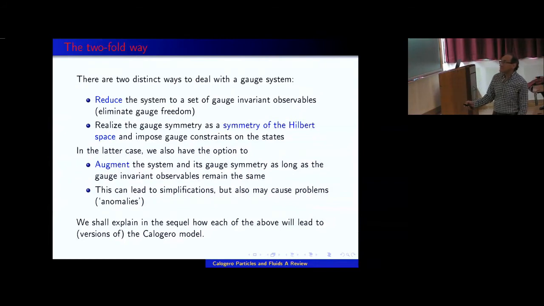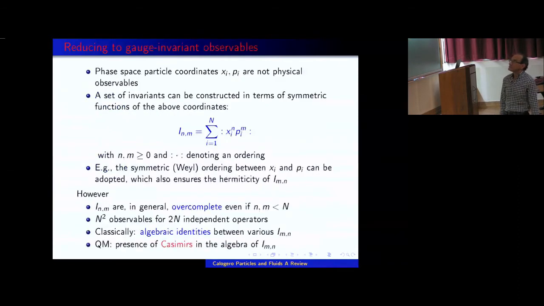This is dangerous because when you put more symmetry into the system, more gauge symmetry, you may run into anomalies, but we will see how this will manifest in the Calogero model. So I will explain how you can do these two things in the context of the Calogero model. First, reducing to gauge-invariant observables. What are the gauge-invariant observables of identical particles?